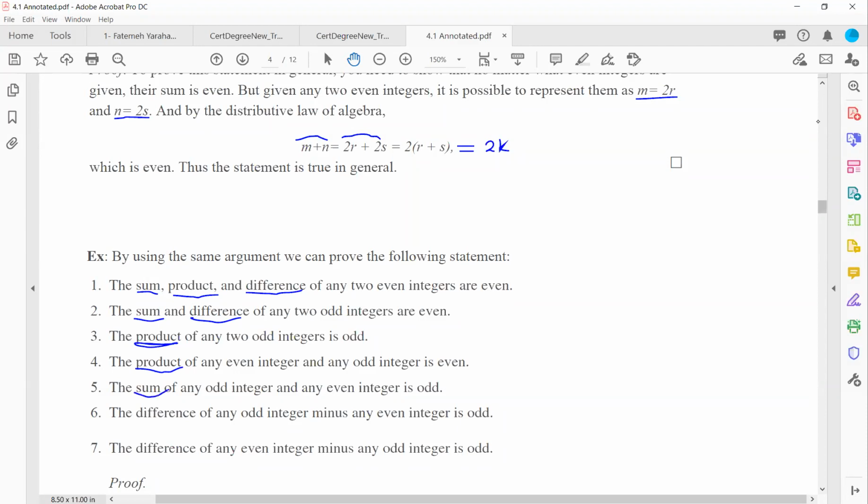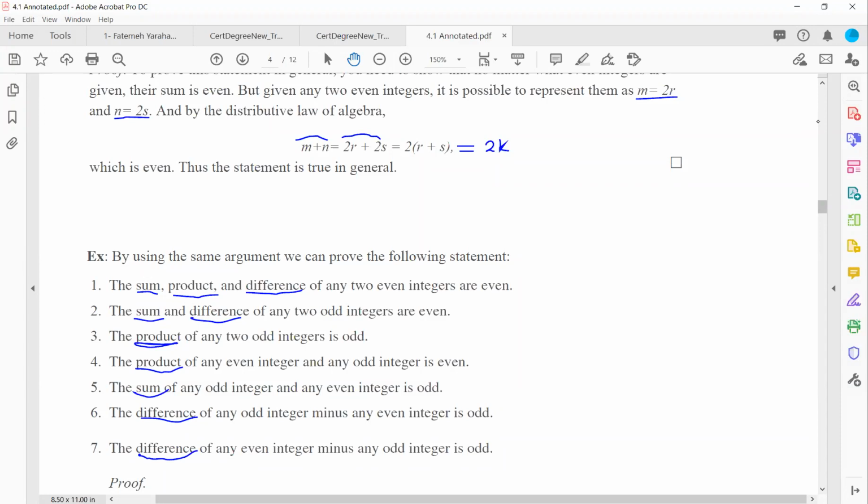The sum of any odd integer and any even integer, as you guessed, is odd. The difference of any odd integer minus any even integer is odd. The difference of any even integer minus any odd integer is odd.